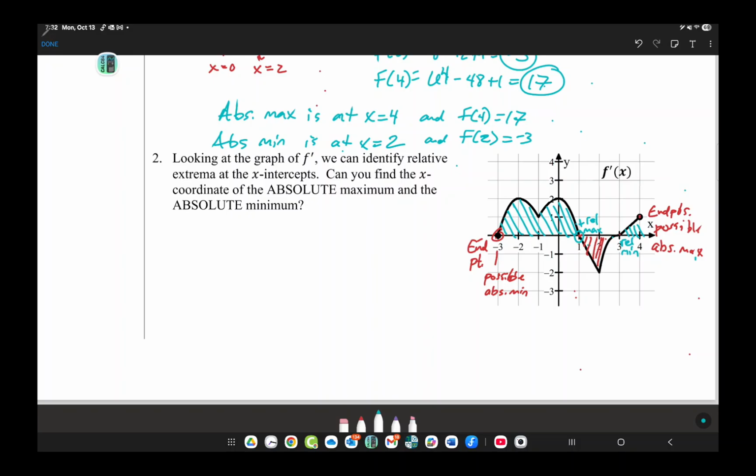So let's look at my local max, my two possible max. Here we have my two possible max, x equals 1 and x equals 4.